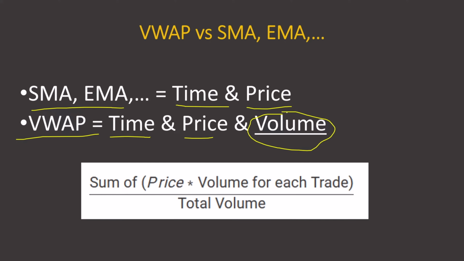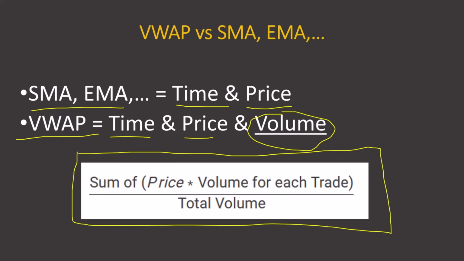And volume makes all the difference, because through volume we track the big trading institutions that move and manipulate the markets, right? Here is how you can calculate the VWAP, but I don't really think that you'll ever need this. I think that you just need to remember that VWAP represents the real average of all market participants, and that this is making it way more valuable than standard moving average indicators.